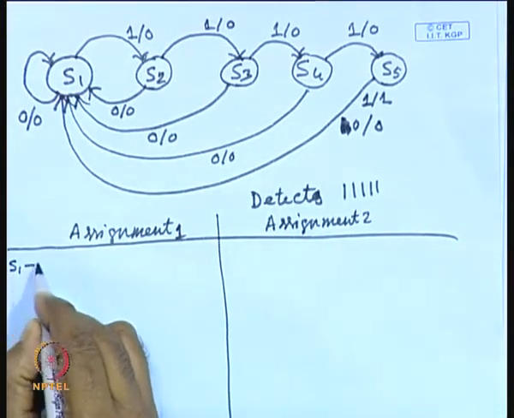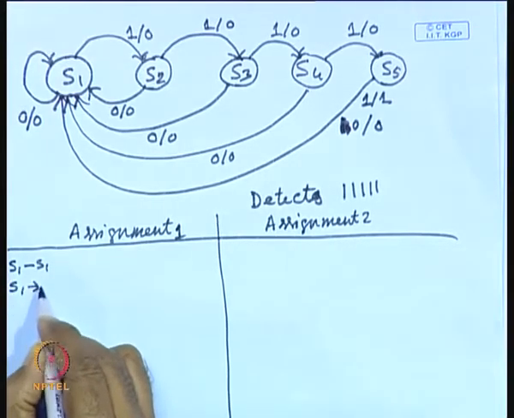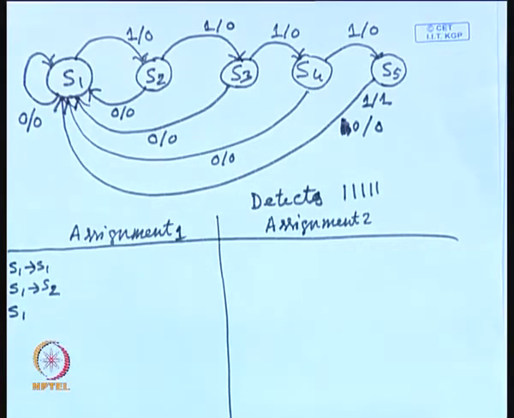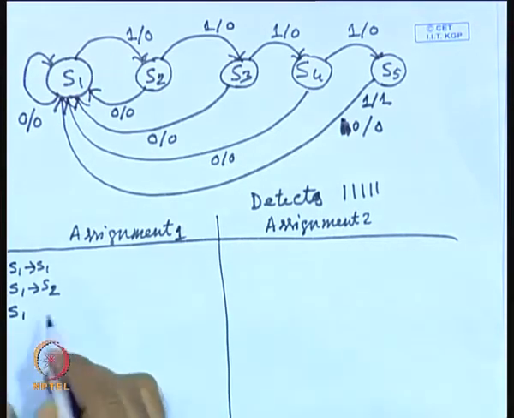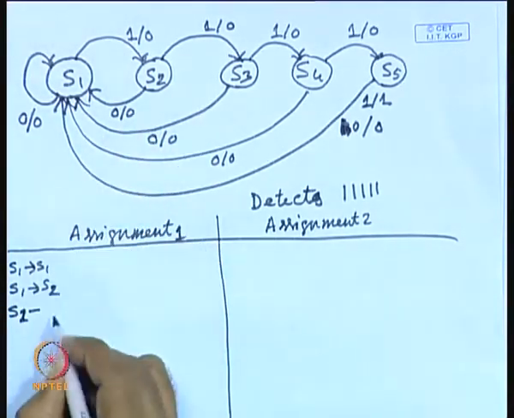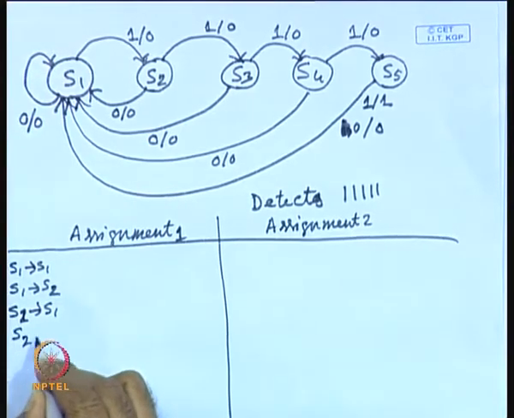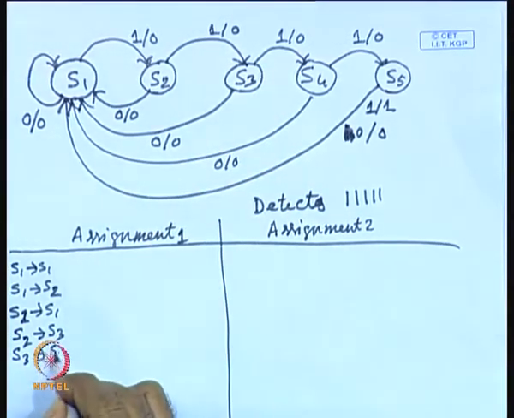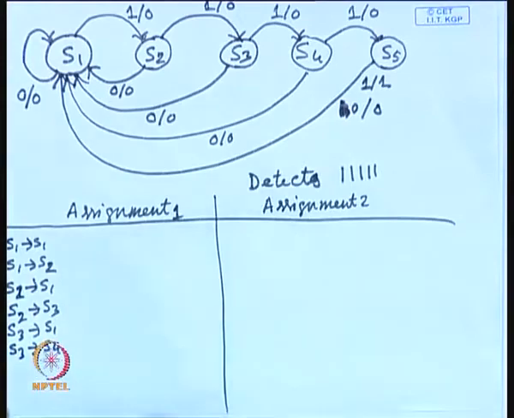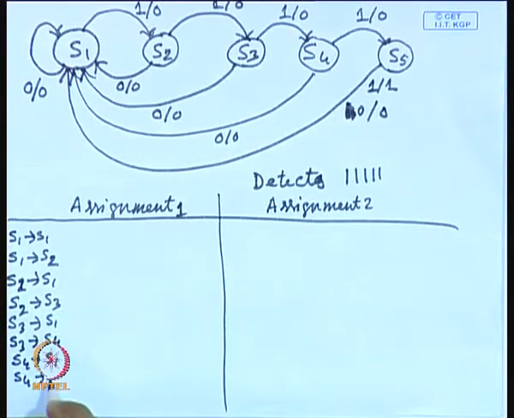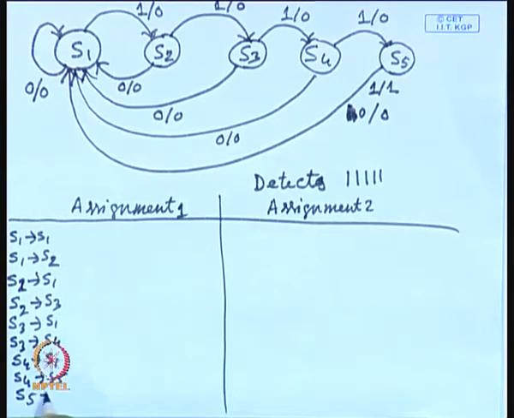One is S1 to S1, another is S1 to S2, then S2 can go to S1, and S2 can go to S3, then S3 can go to S1, and S3 can go to S4, and from S4 it can go to S1, or S4 can go to S5, and from S5 it always goes to S1.